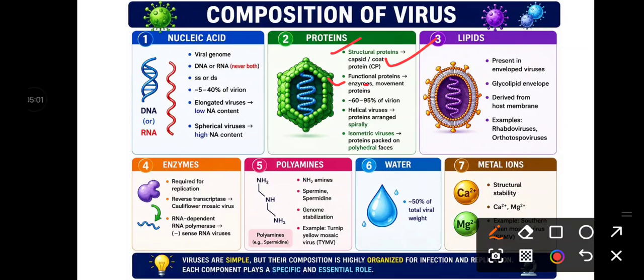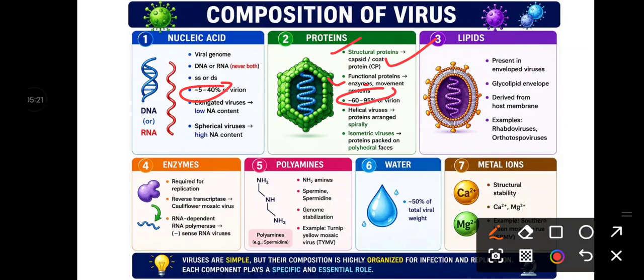Then about the composition, its proportion. We have already discussed that nucleic acid percentage in plant viruses ranges from 5 to 40%, whereas protein ranges from 60 to 95%. This is very important. Remember this.